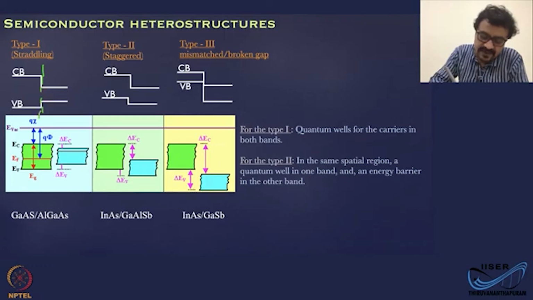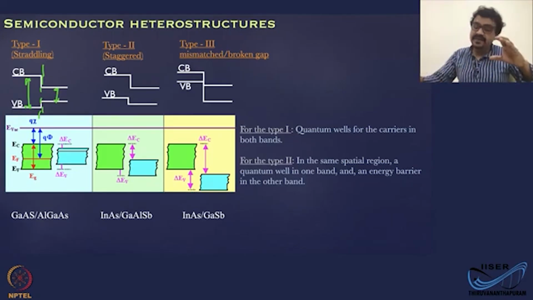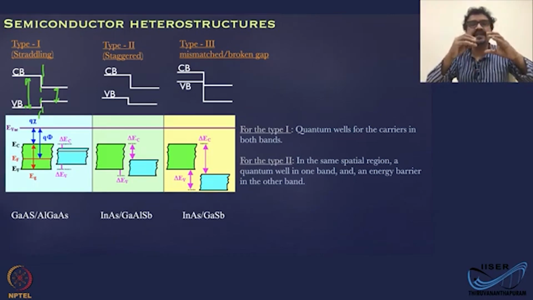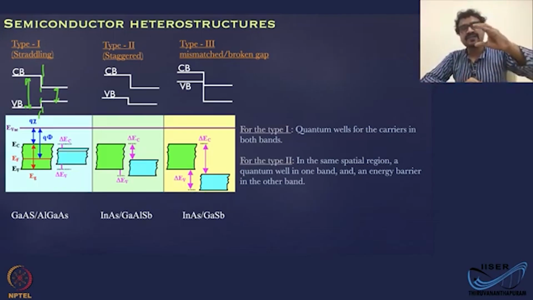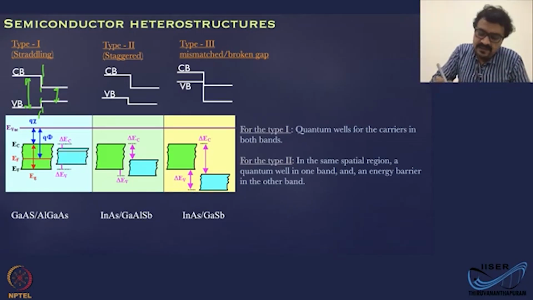The band gap in one material is larger than the other side, but they also align in such a way that the conduction band and valence band of the other material fall in the middle of this. So this is a straddling heterostructure. You have conduction band, valence band on one side here, other side here. It's like this.